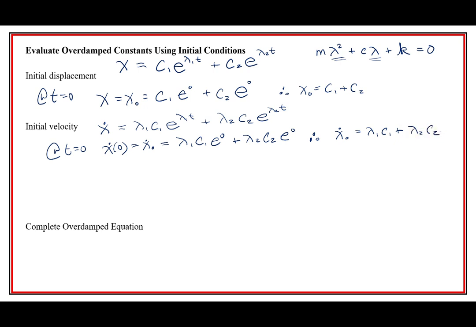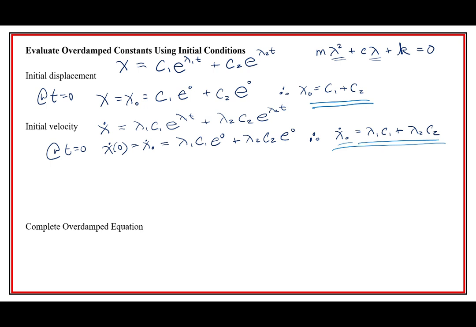All right, so we have two equations and two unknowns right here. This equation and this equation, and presumably x naught is known and x dot naught is known, and we do know lambda 1 and lambda 2, so we can solve these.